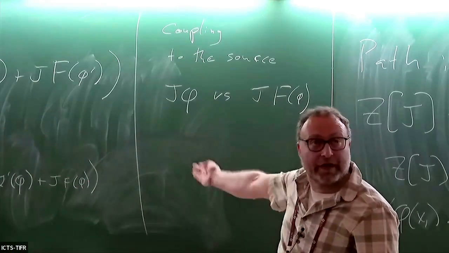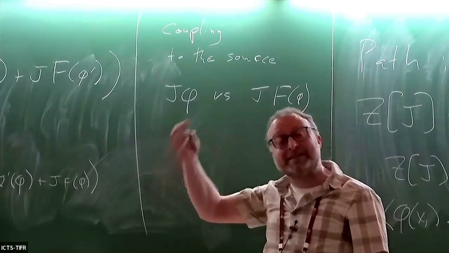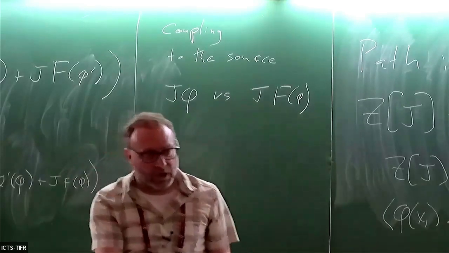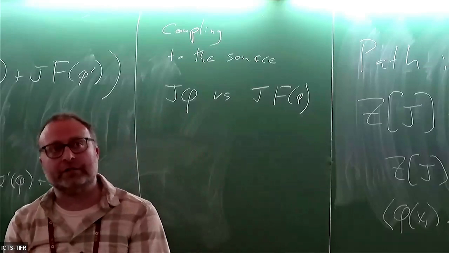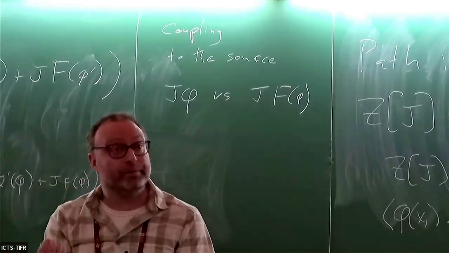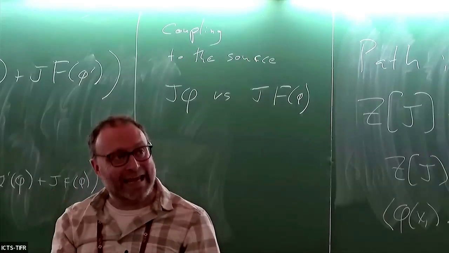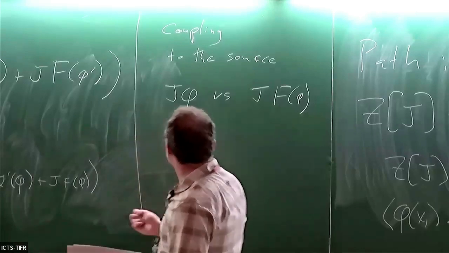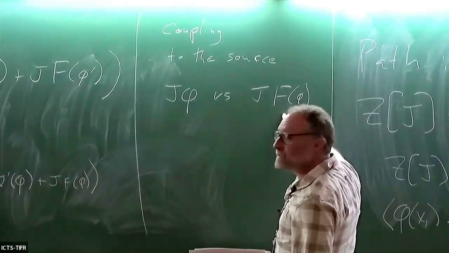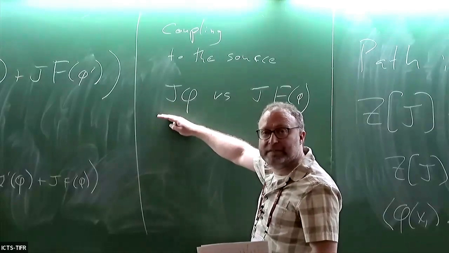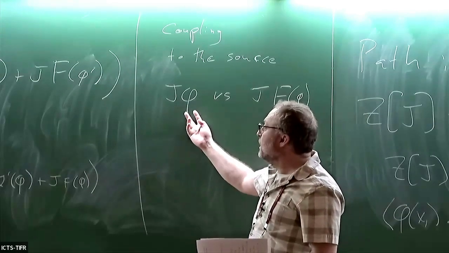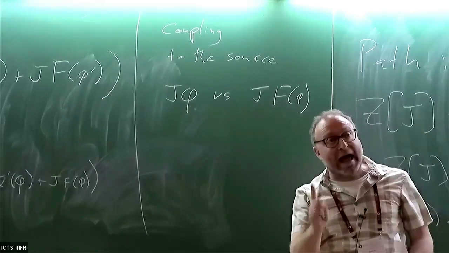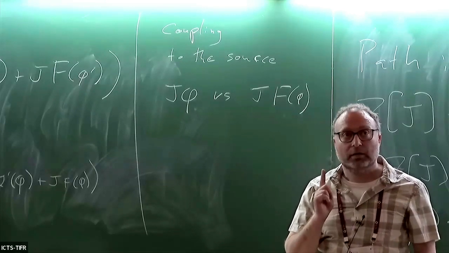So why doesn't the path integral care? The path integral cares. Why don't the S matrix elements care? Well, the critical thing with the S matrix elements, remember, is we did this LSZ reduction where we want to pull out the poles. So the claim, this is very non-trivial, but this is where the action is, this is the meat of the argument, is that the LSZ reduction does not care if I'm taking functional derivatives with respect to J giving me factors of phi, or giving me factors of f of phi, as long as I leave the following formula unchanged.